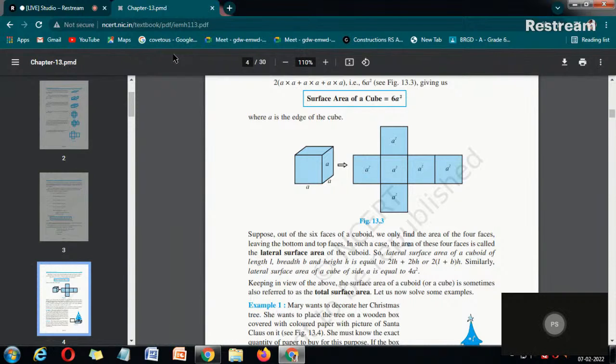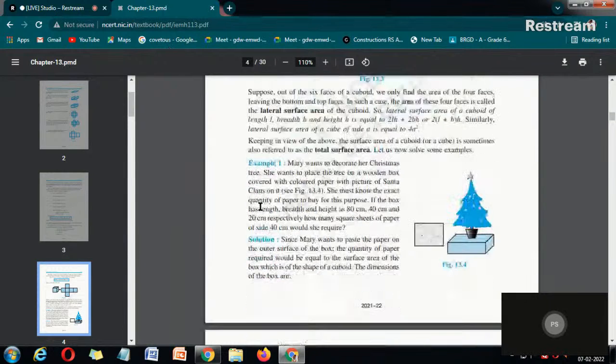So not required to worry. Cross multiplication, you people know, the same thing you have to do. If 1 meter square is 1,000 rupees, then 20 meter square will be how much? You have to multiply 20 into 1,000. Then you will get the answer. Clear? So let's go with our example one.